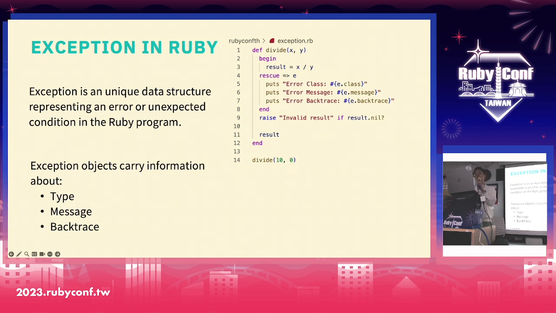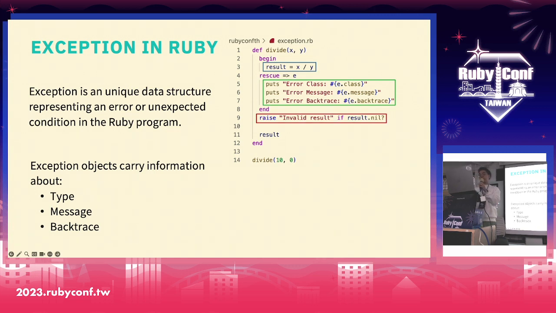Take a look at the code snippet here. It shows the divide function. We try to handle the division by zero, a quite common error. If division by zero is attempted, Ruby raises an error. I print it out to see what is shown on the console.